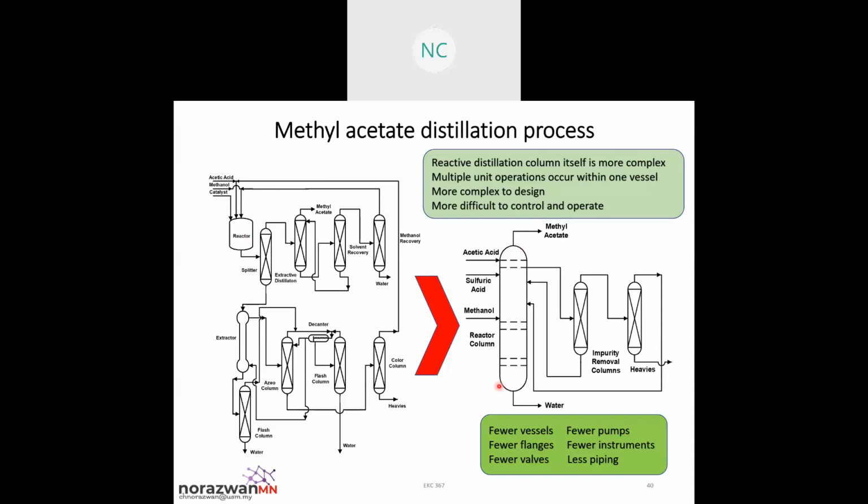Instead of using simple columns, you now have a very complicated column, but there are only a few columns as compared to the 8 columns. So that's why I say there are give and takes during your ISD implementation. Now your reactive distillation column itself is more complex than the previous one.